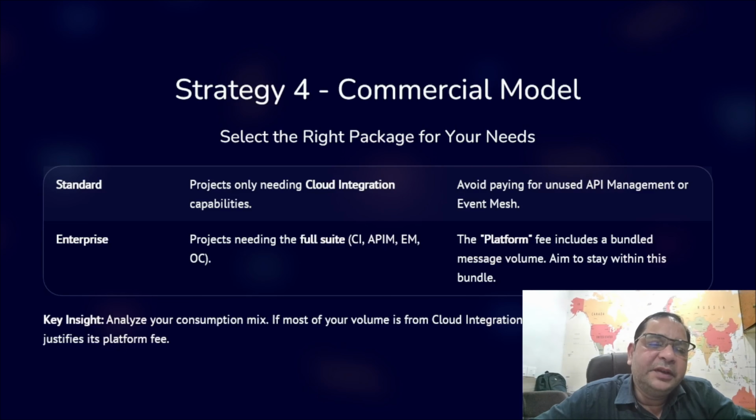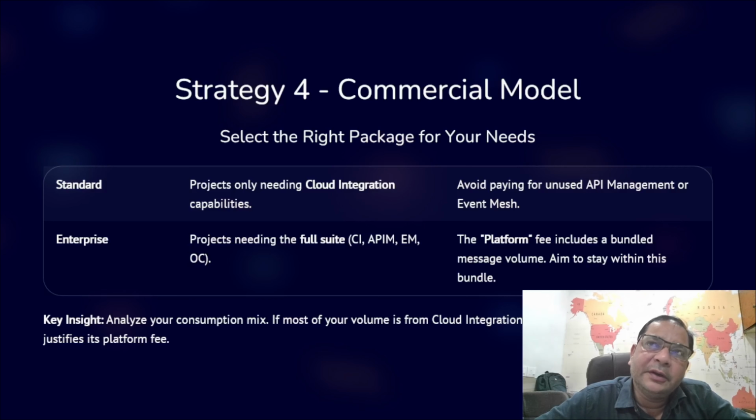Then you have enterprise projects needing the full suite like CI, APIM, event mesh, with bundled message volume, so stay with this bundle. According to your usage, you have to choose your plan.